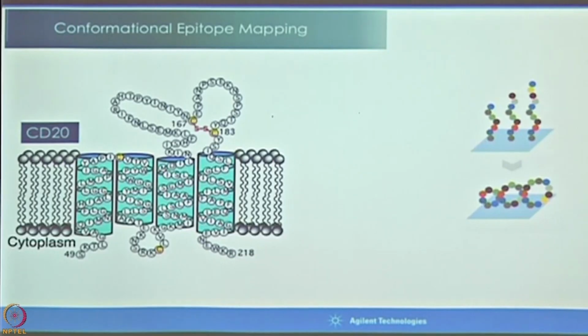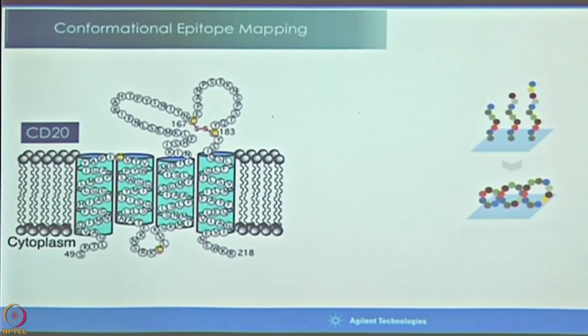When the conformation is there, you cannot use that strategy for the detection of epitope. So what they do, they make a very similar type of structure, like 7, 11, and 12 conformational peptide, circularized, same conformation, right? And imprint on a slide. So this is the circular one.